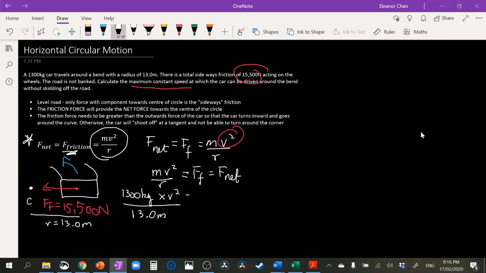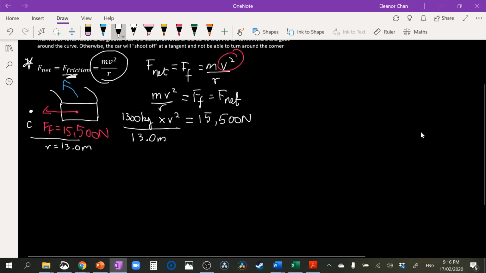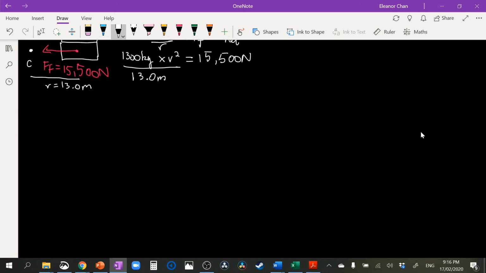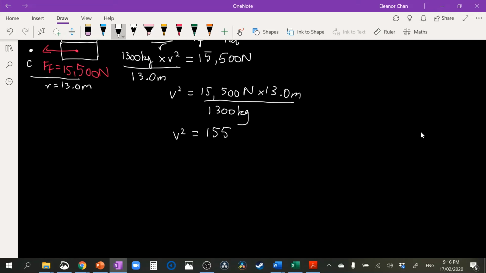And this all equals 15,500 newtons. I'll scroll down so we have some more room. So let's keep solving. V squared will now be 15,500 newtons multiplied by 13.0 meters divided by 1,300 kilograms. So our v squared will equal 155.